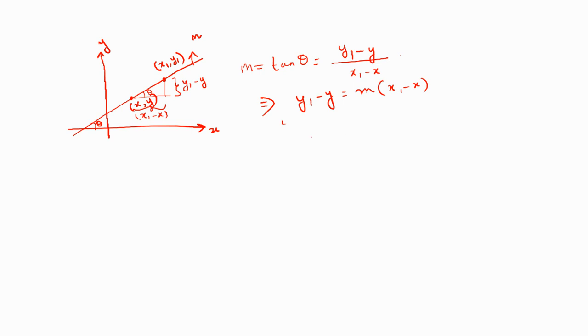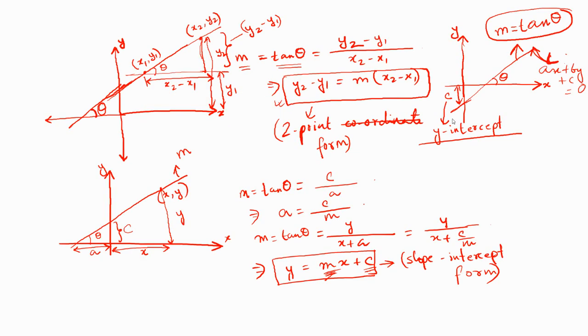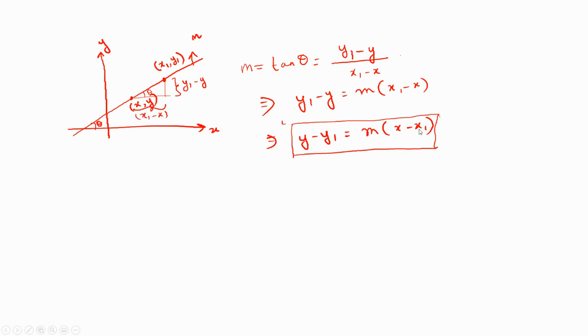Generally people like to write this as y minus y1 equal to m times x minus x1. If you multiply by a negative sign on both sides, we get this equation. This equation is called the one point form. Before, we discussed the two point form, and this is the one point form.